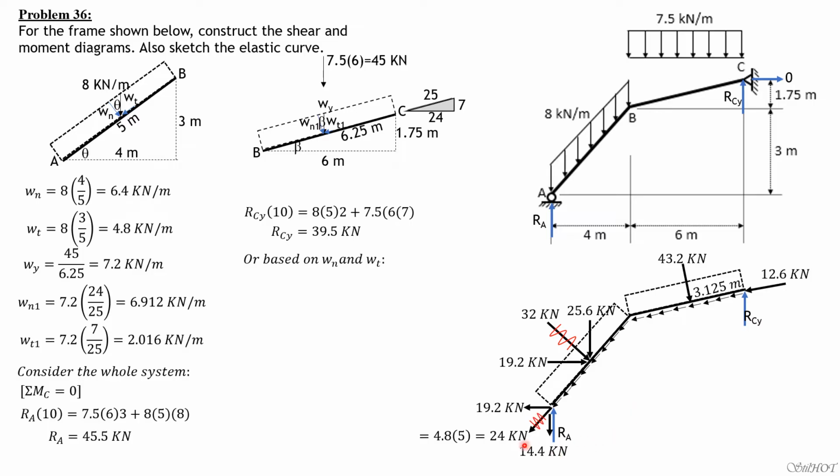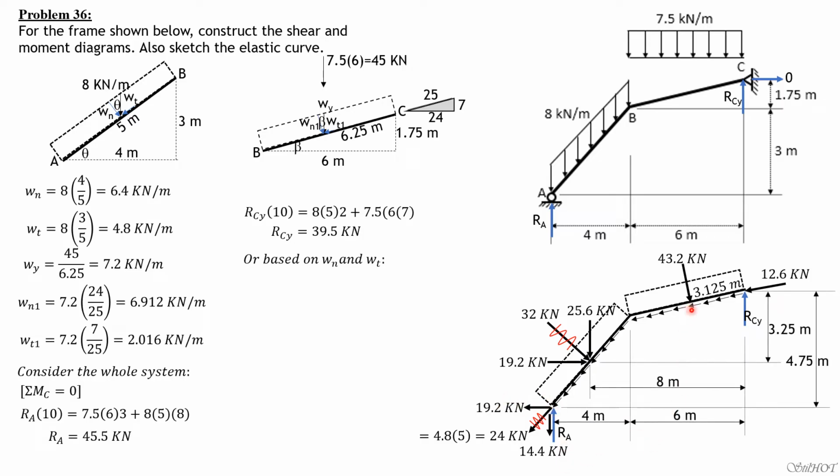So that's it. Then we remove 24 and replace it by its horizontal and vertical components. Then for the distances, half of 3 is 1.5 plus 1.75 is 3.25 meters. Then 3 plus 1.75 is 4.75 meters. This is 6 plus 2, so 8. Then the original dimensions. Then summation of moment about C equals 0.